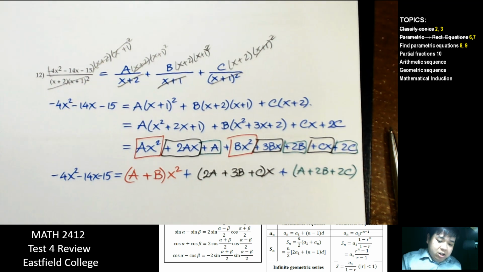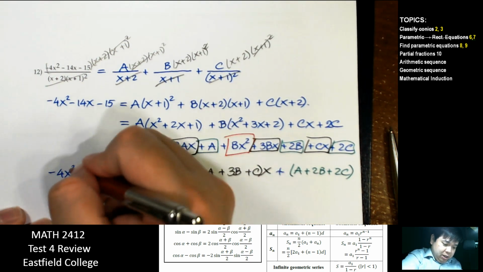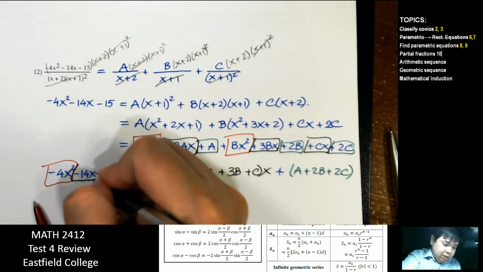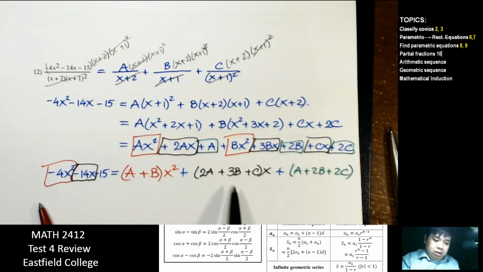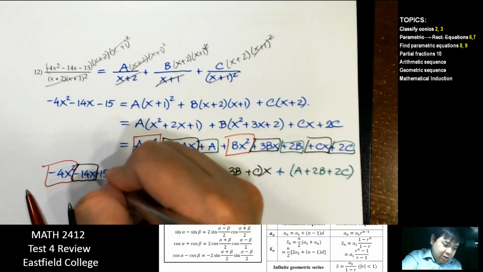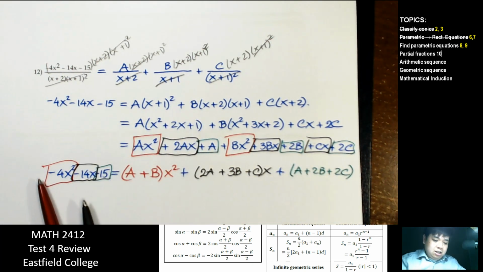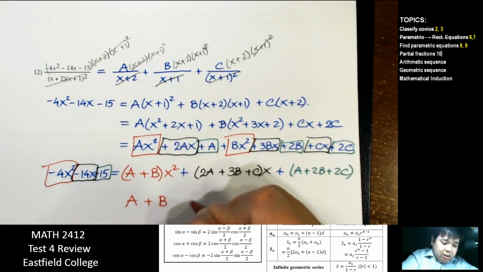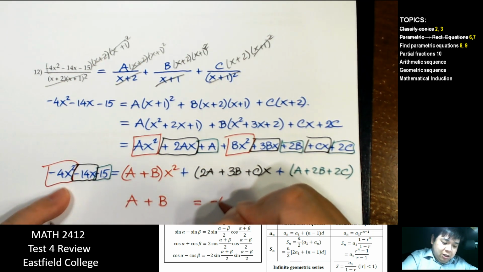Right, so we match AB, we match with 4x squared, negative 14x. We match that with this, and the negative 15. We match with that. So let's write the equation. A plus B, some space.